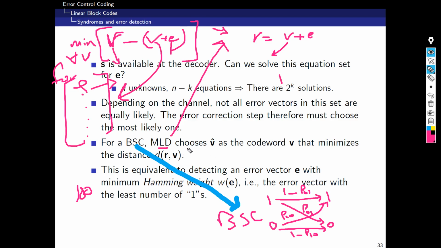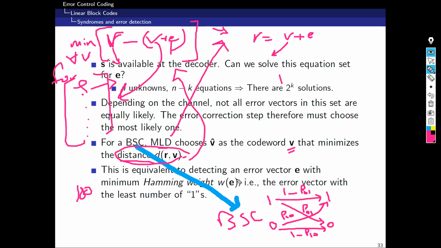So it means that V hat, the estimate after the ML detector, chooses the code word V as the actual code that the transmitter used, that minimizes the distance D(R,V). Minimizing the distance between R and V is this equation.